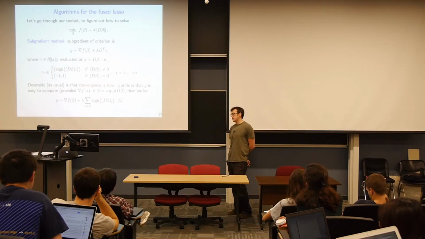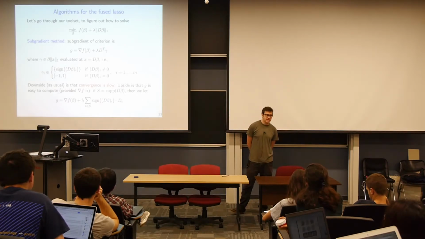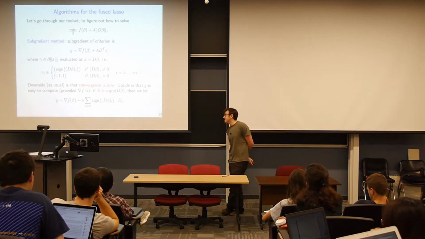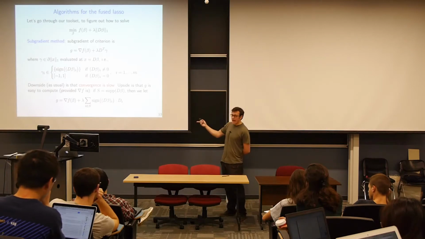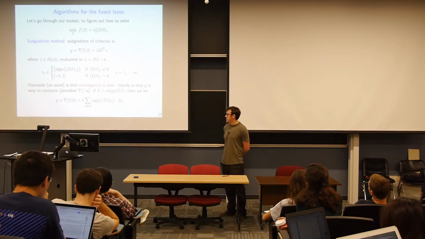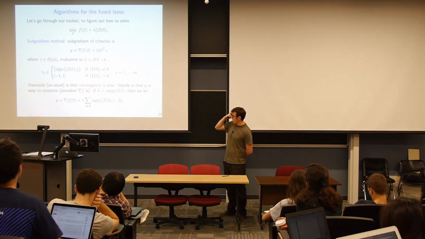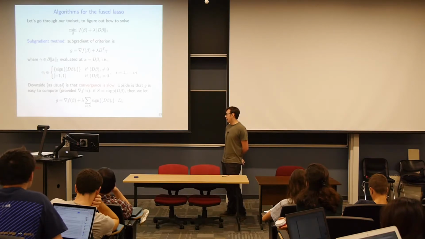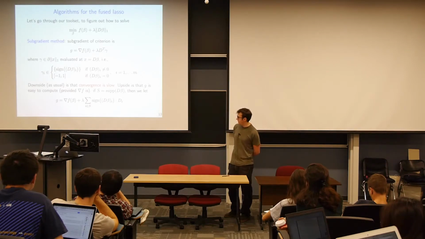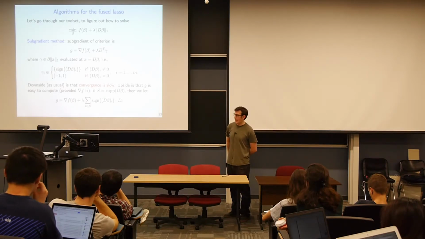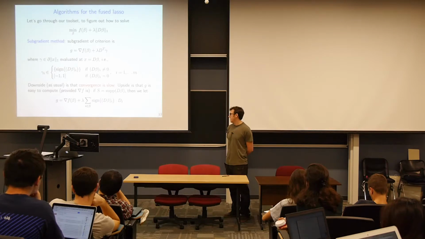And I think as we've talked about quite a bit in class, the main downside of the subgradient method is that convergence is slow. So it turns out that it's very easy to compute a subgradient in this case. In fact, we can ignore all the components of d beta which are non-zero, and we just need to consider the active, so to speak, components.